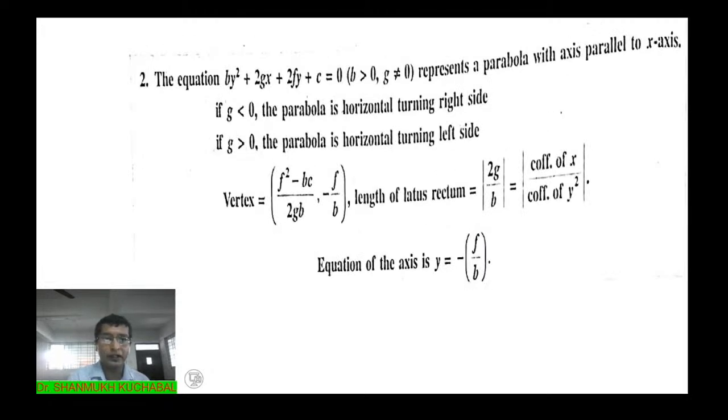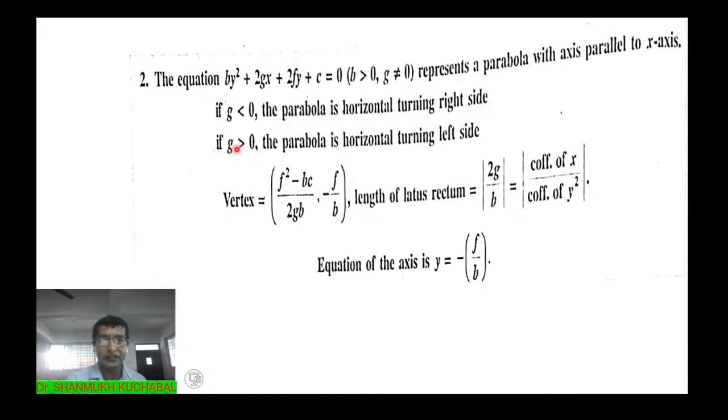The second point: the equation by square plus 2gx plus 2fy plus c equal to 0, where b greater than 0 and g not equal to 0, represents a parabola with the axis parallel to the x-axis. If the value of g is less than 0, the parabola is horizontal turning right.